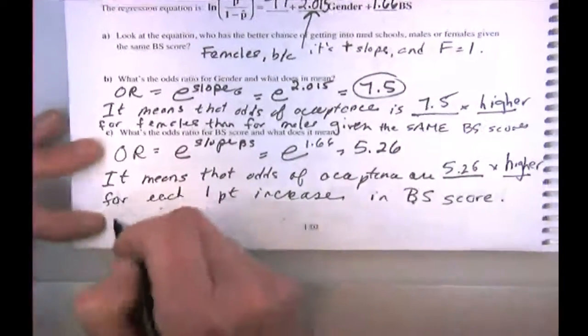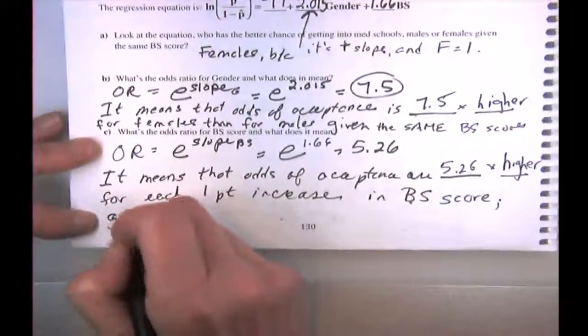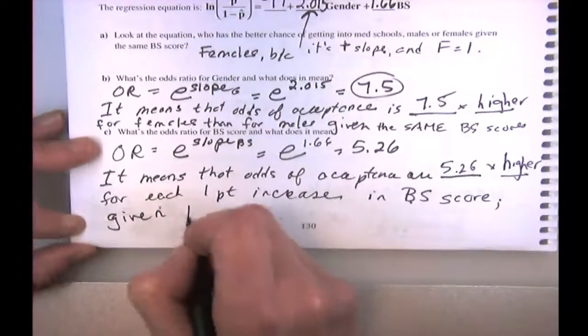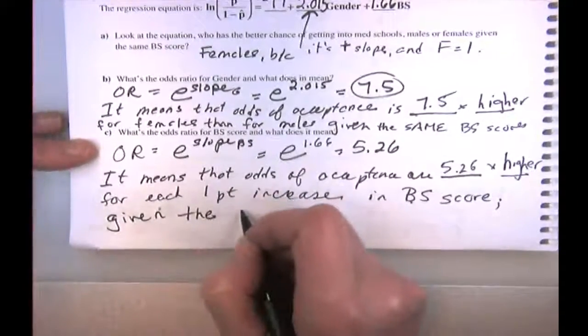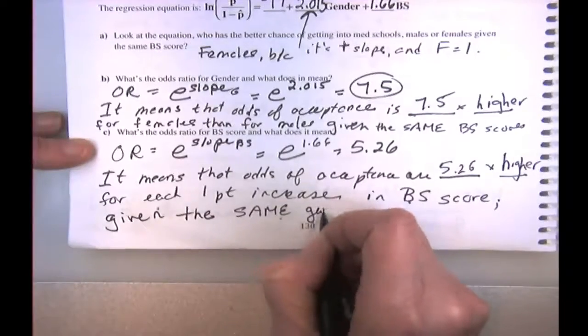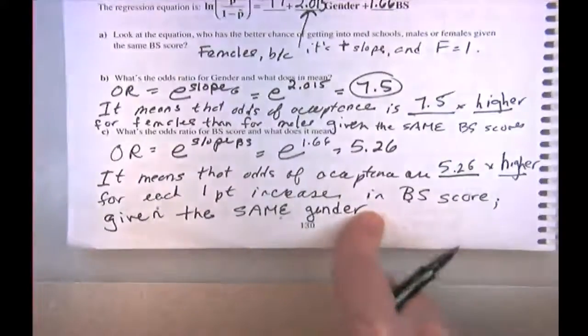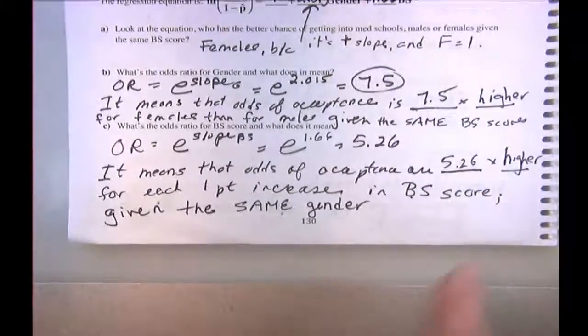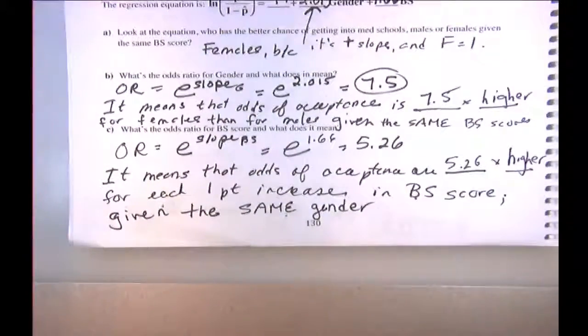Most important point: given what? Given that you're comparing the same gender. If you're comparing males to males, this is the factor. But what if you're combining both of them? Then we'd have to combine both factors.